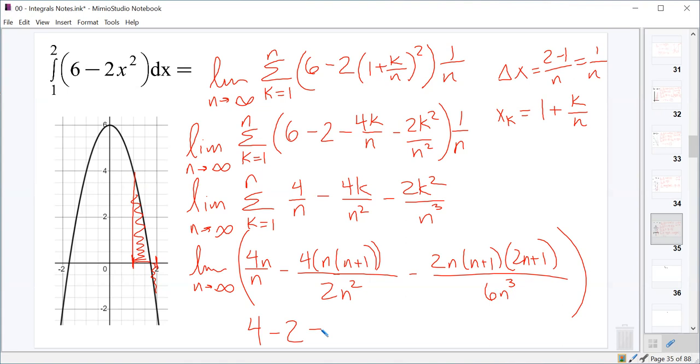So minus 4 over 6, or minus 2/3. And so we've got 4 minus 2, which is 2. 2 is 6/3. 6/3 minus 2/3 ought to just be 4/3. And that is the value of our integral there.